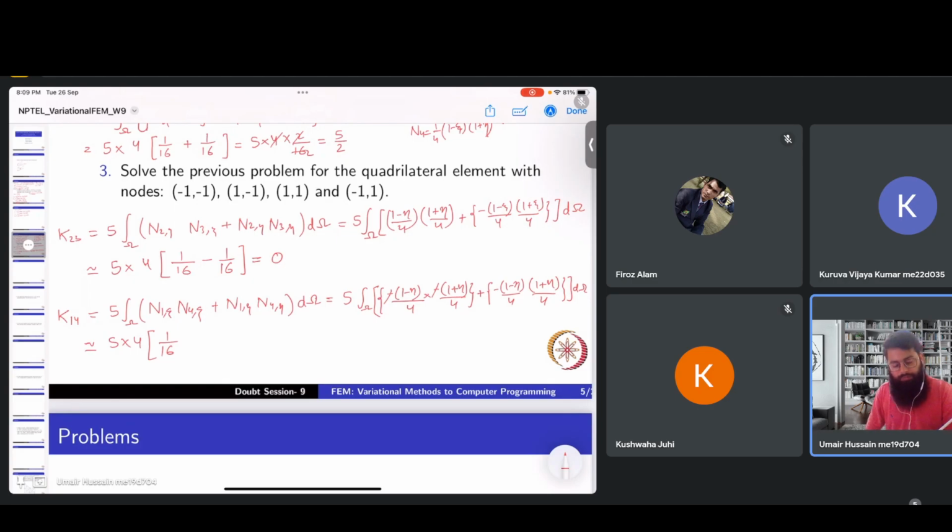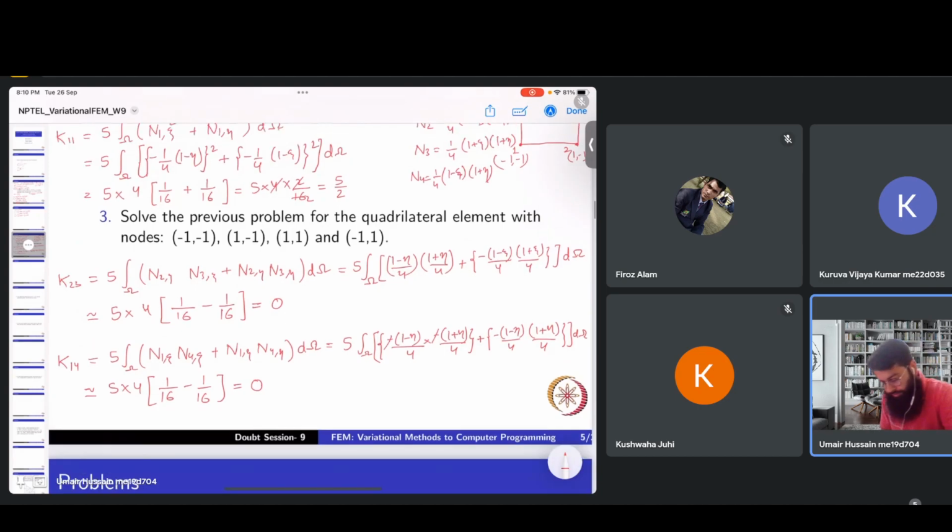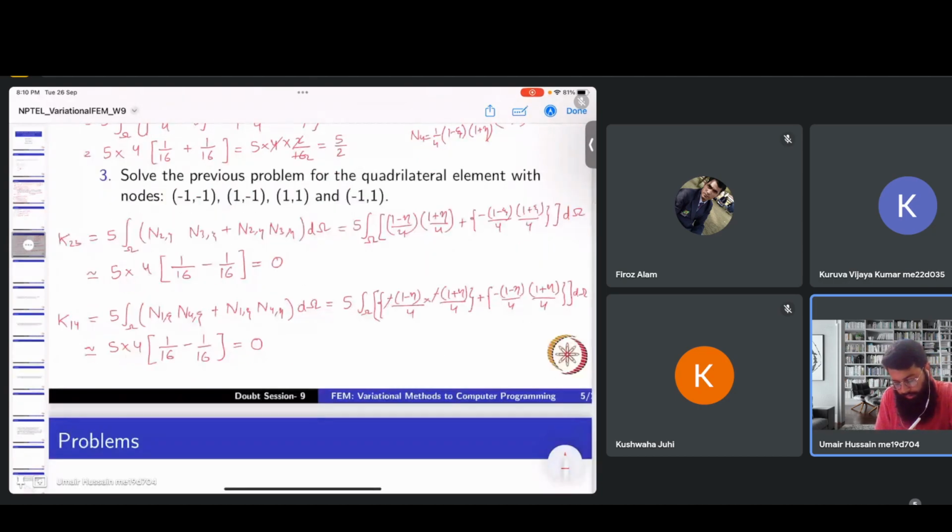And we have 1 plus eta by 4, eta is 0, 1 plus 0 by 4, 1 by 4. Again we have minus 1 by 16. This term also becomes 0. Okay, so we're getting quite 0 values. I don't know how accurate this is, but anyway we are just trying. The important thing is we should know the procedure.